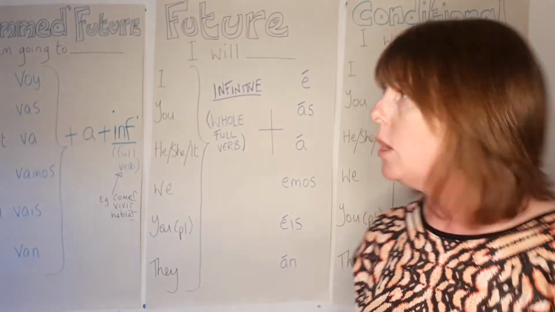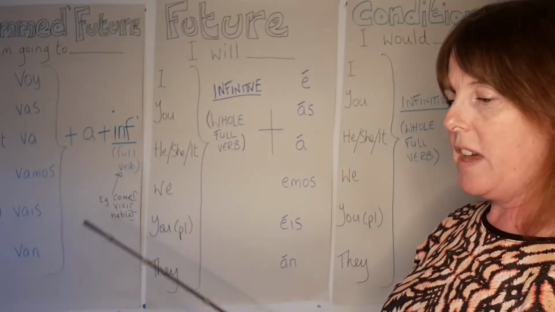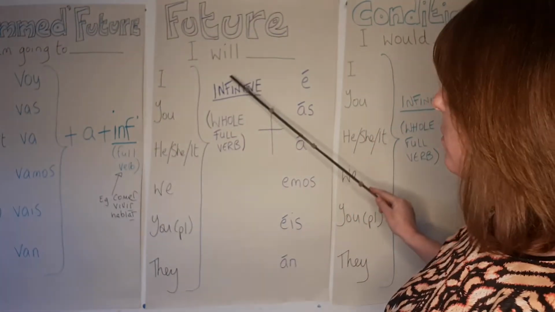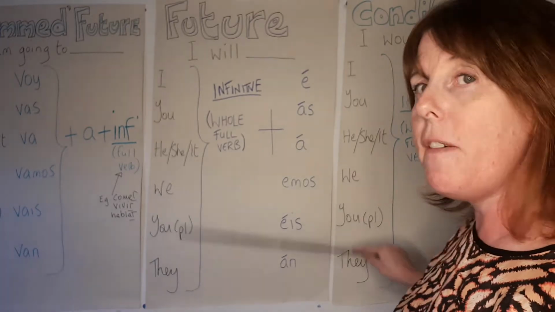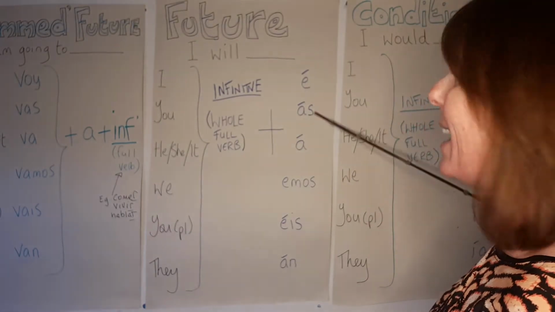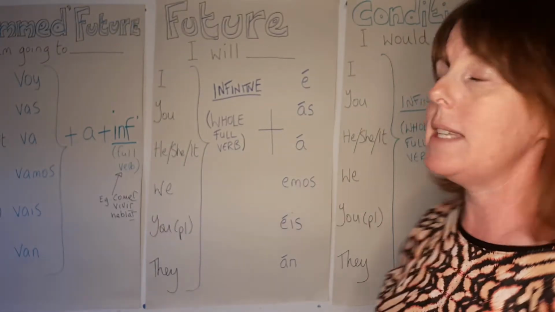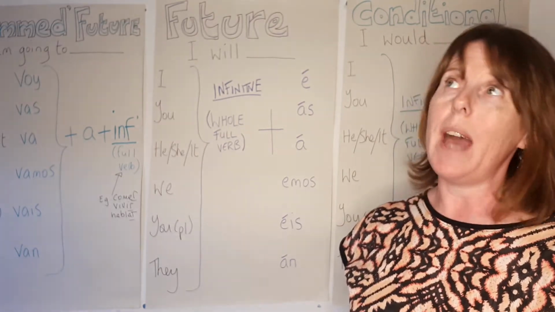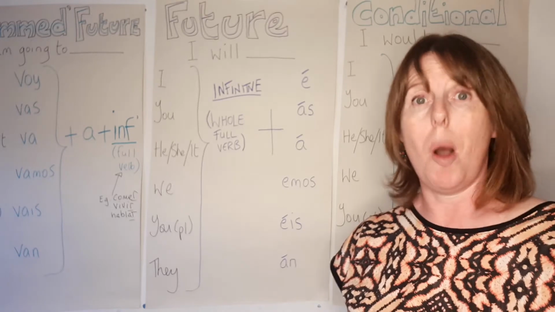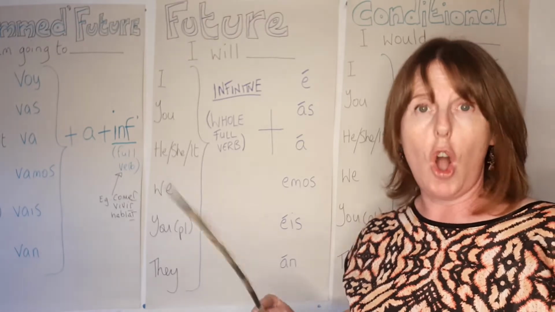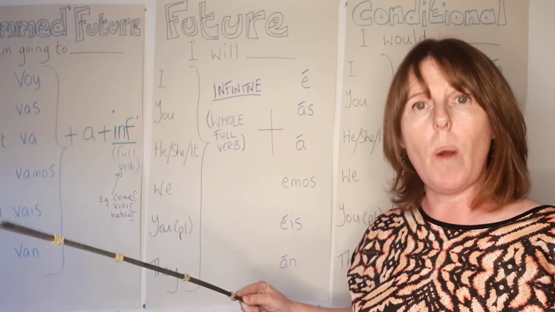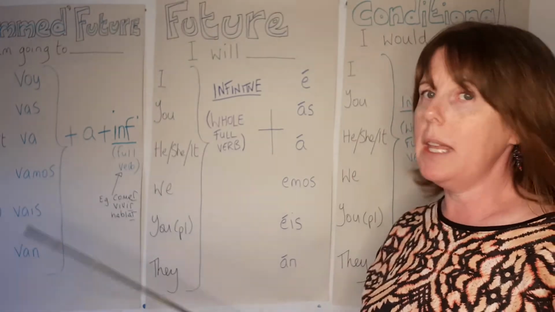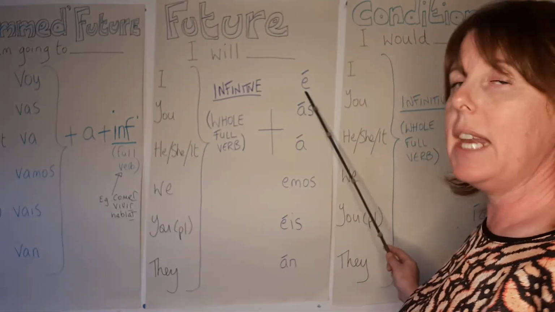So what you need for this is you have the whole infinitive first, and then you add an ending on. So for example, if you wanted to say I will eat, you'd have the whole verb first, which is comer, the infinitive, C-O-M-E-R, not knock anything off, and then you would just stick an E on the end.